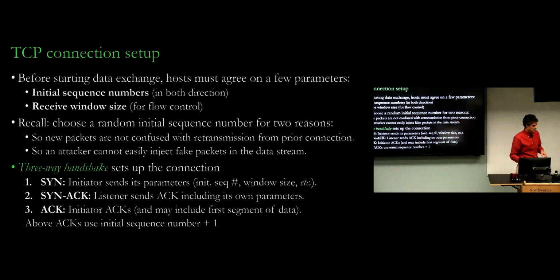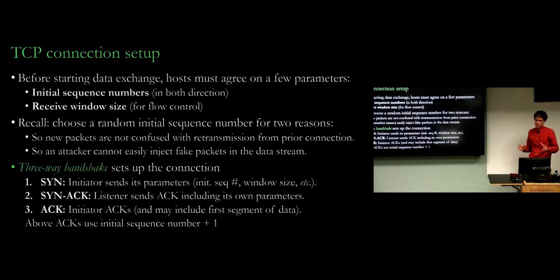And you saw why, because we use random sequence numbers. They need to set the receive window size for flow control, which we just talked about. If you don't hear anything back from the other side, you can't start sending data without getting this information first. That's all I'm saying, right?